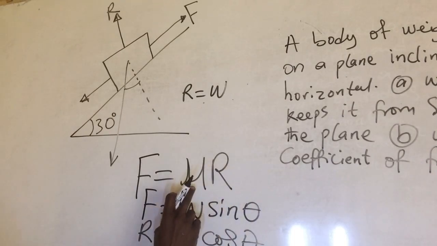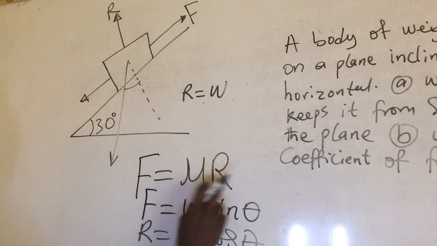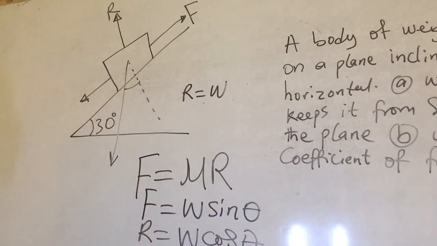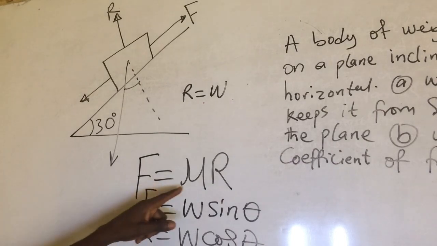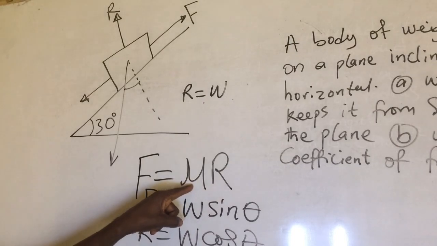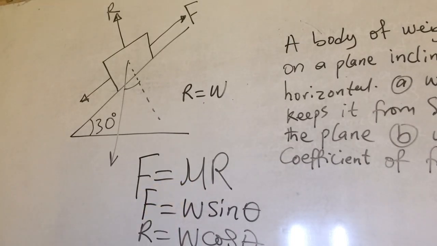They also say we should calculate mu, the coefficient of friction. F is equal to the coefficient of friction times the normal reaction. But since we don't have the coefficient of friction, we need to calculate it. How can we calculate it?